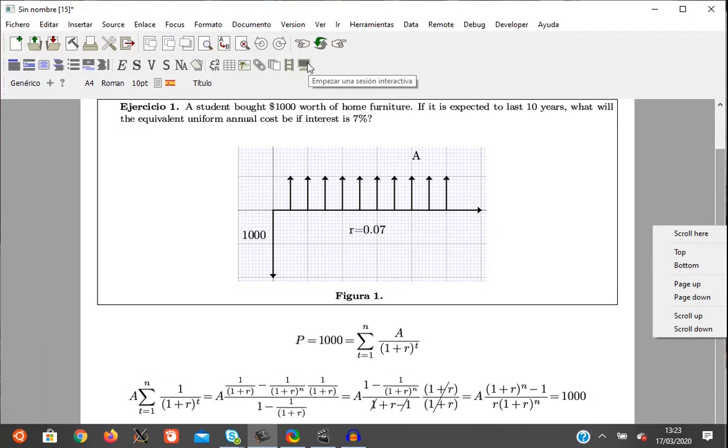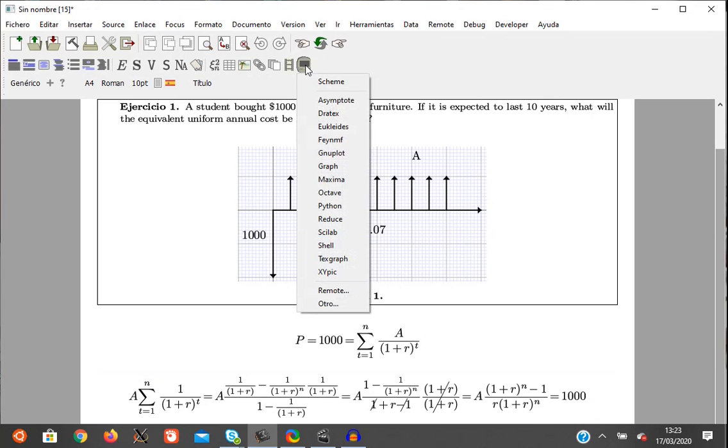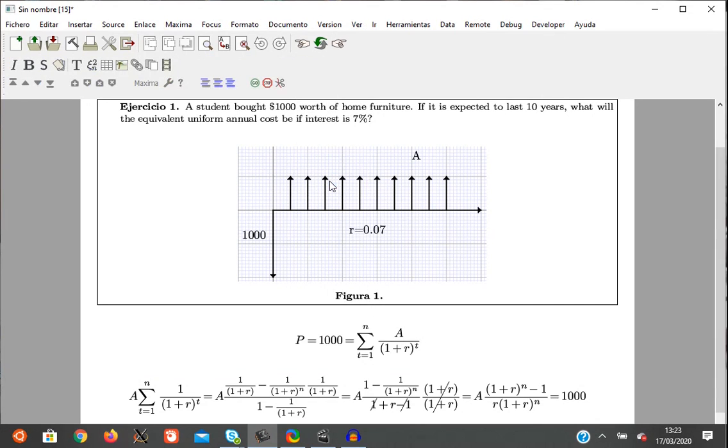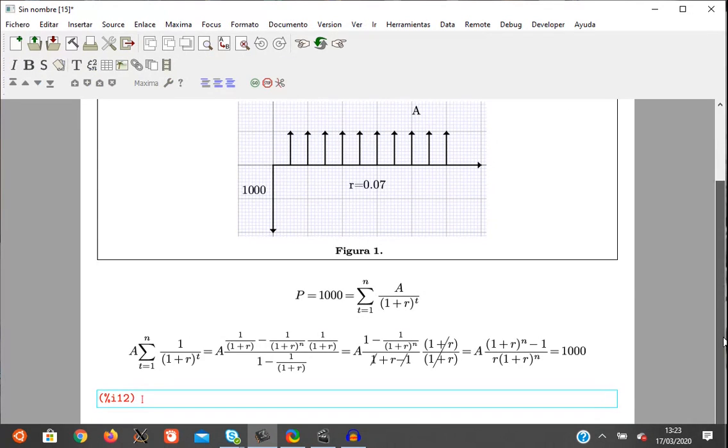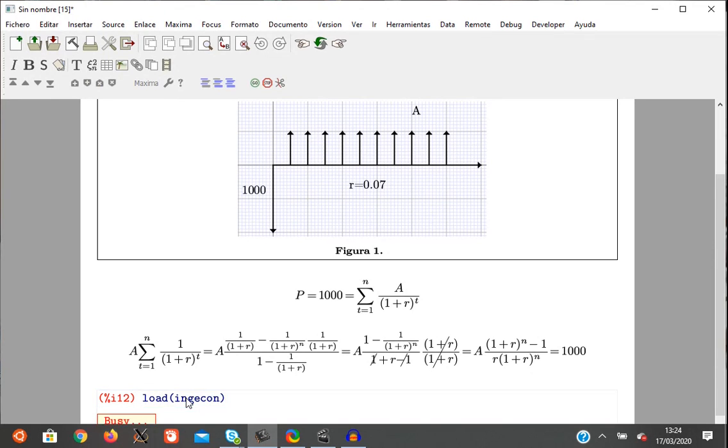And then first we will establish the condition. We want to solve the expression A times, and we open here brackets for the upper part of the fraction, 1 plus r up to n.